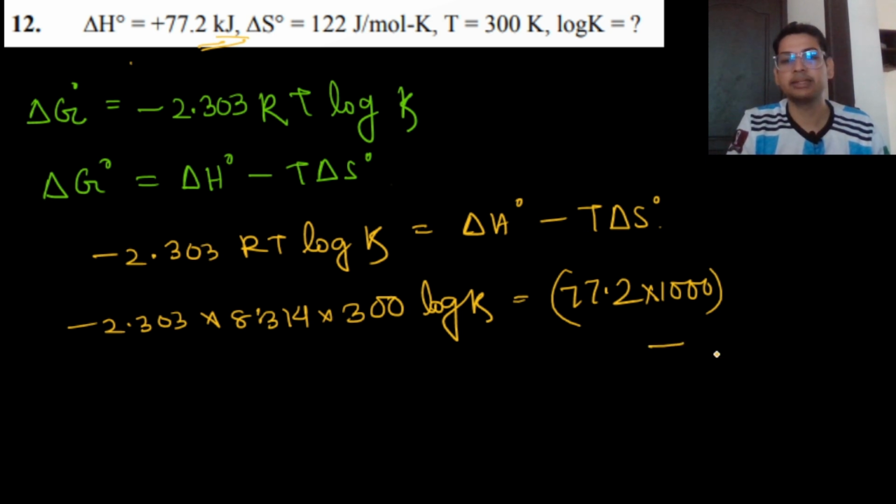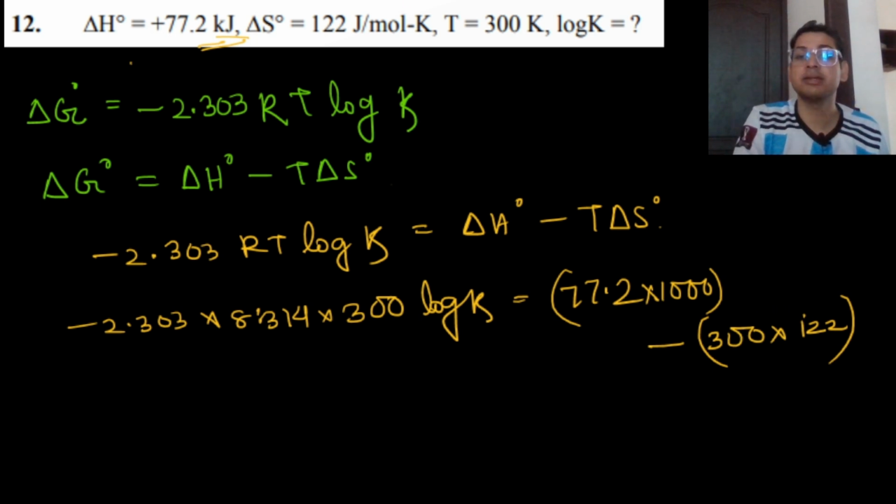Minus temperature will be 300 and S value will be 122. But sir, why are you not multiplying it by 1000? You see, it is only given in joule. That's why it is as it is. No problem with that. But this value is given in kilojoule, that's why I have to multiply. So very quickly do the calculation.